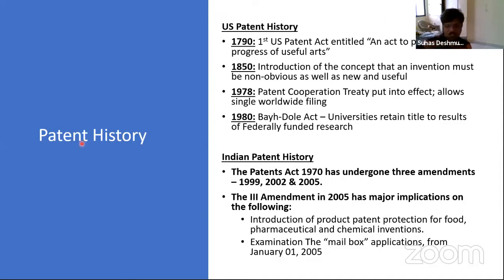But in India, they started patenting in 1970, and they have done three different amendments in 1999, 2002, 2008, and these amendments are nothing but additions, which will give more protection or some more features as per the development or progress of the entire country, it will be decided.